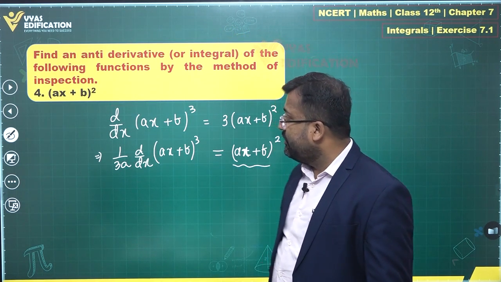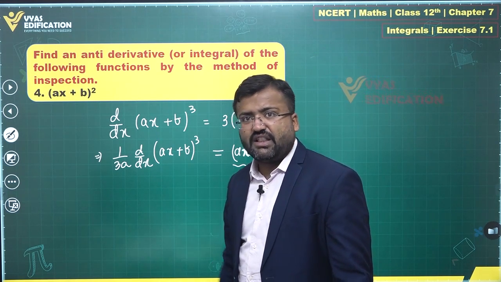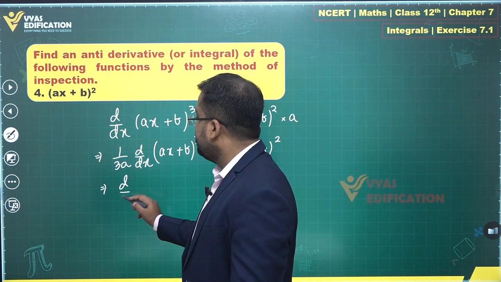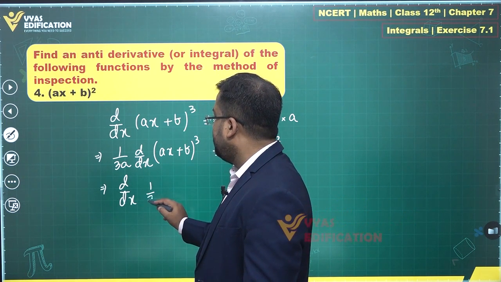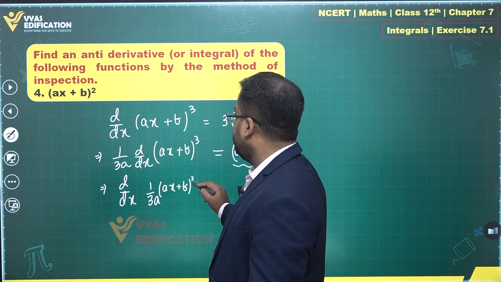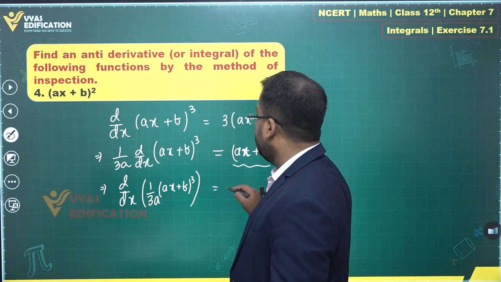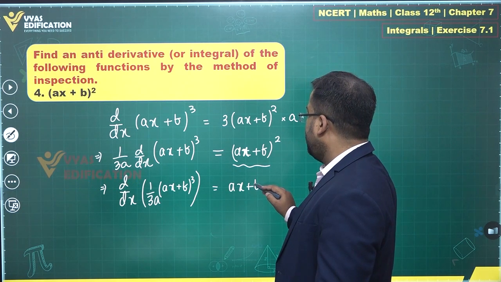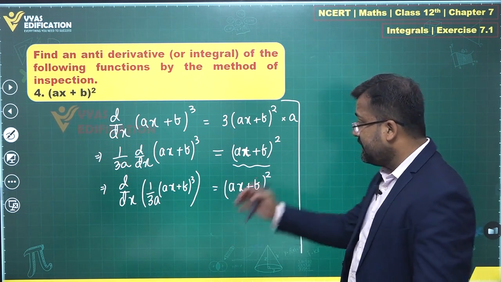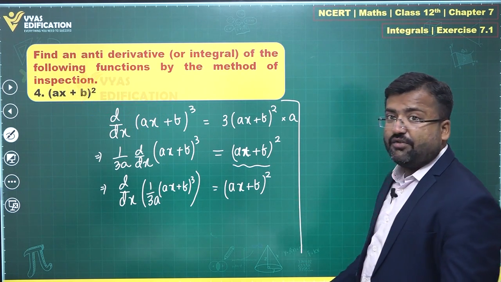Now we can write the integral, but first let's take care of this 1 by 3a. This 1 by 3a can be brought inside the derivative. So this becomes d by dx of 1 by 3a (ax plus b) power 3, that's the complete thing, which is equal to (ax plus b) power 2. And therefore by inspection, you have reached this.